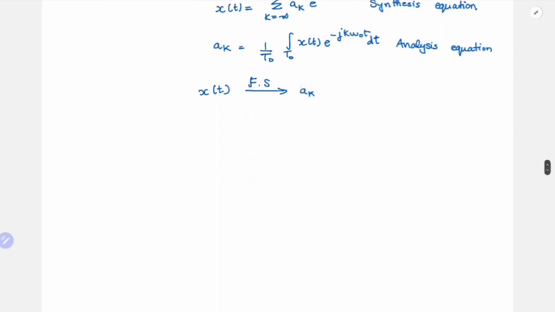Okay, so now let us move on to the properties of Fourier series. The first property we'll see is the linearity property.